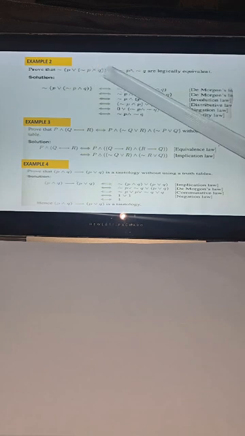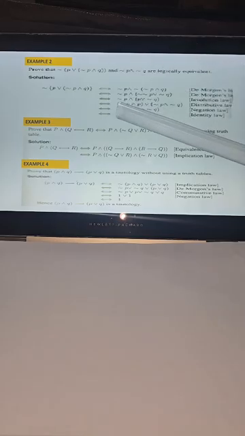Next example says that prove that negation of (P or (negation P and Q)) and (negation P and negation Q) are logically equivalent. How do we solve it? First, you take the left hand side term, that is negation of (P or (negation P and Q)). This is equivalent to, again now use De Morgan's law, you get this equivalence. Again you use the same De Morgan's law for the second term.